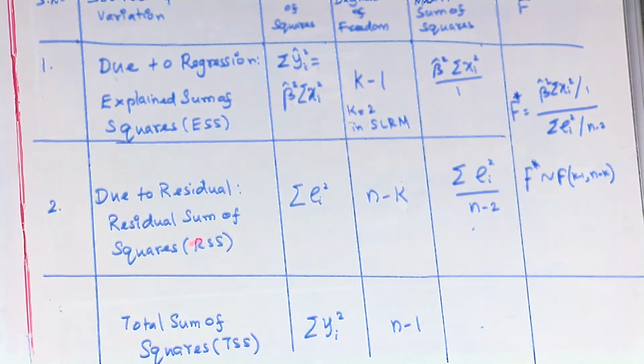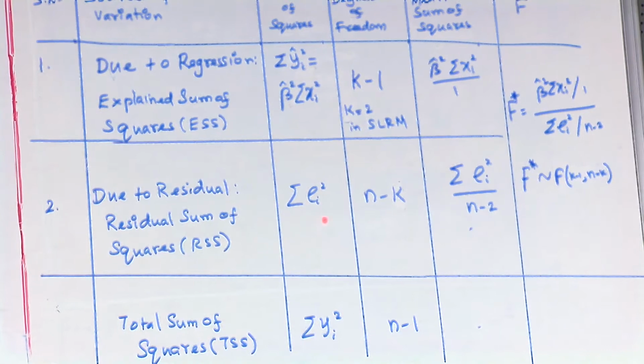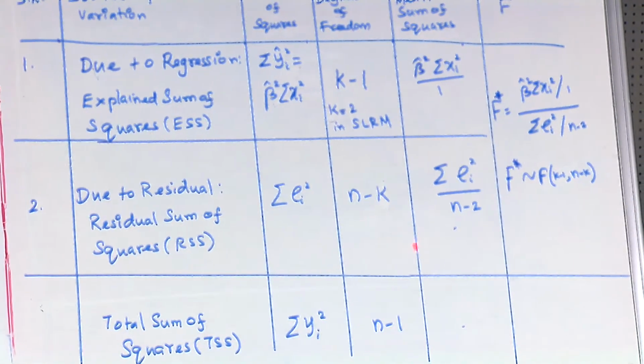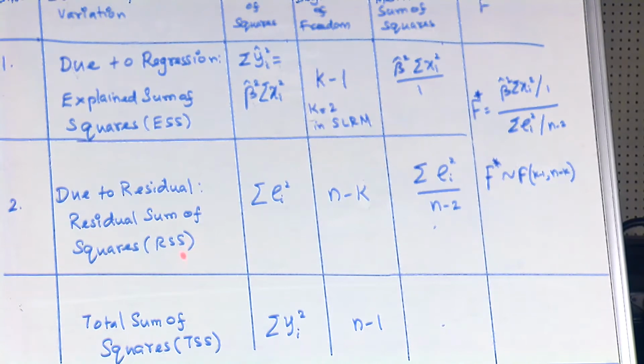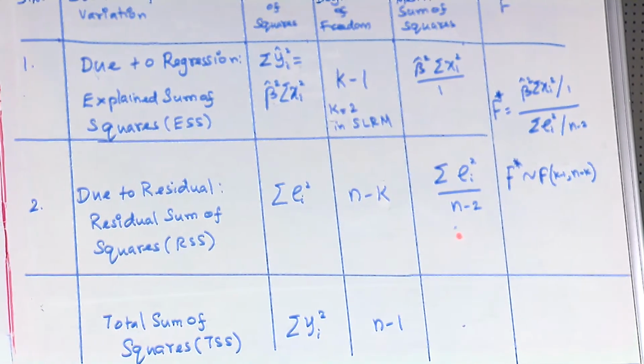And we'll see the residual sum of squares, that is defined as sigma ei square. The degrees of freedom for this term is n minus k, where k is equal to 2, and so the mean sum of squares for the RSS is sigma ei square divided by n minus 2.